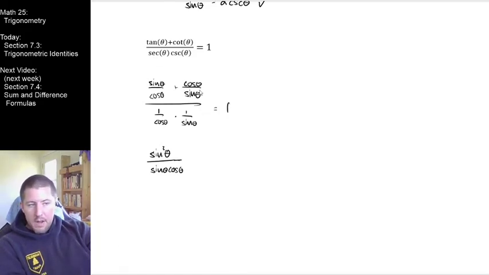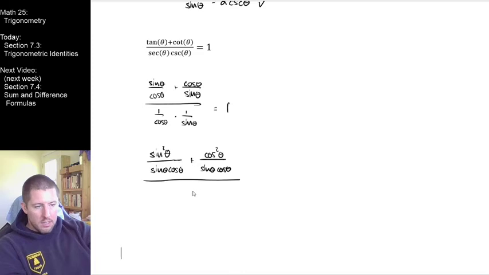It's missing a factor of cosine. So I'm going to hit this fraction with a cosine over cosine. That's going to give me a cosine squared over sine times cosine. All divided by, down here, I just have a 1 over sine times cosine.